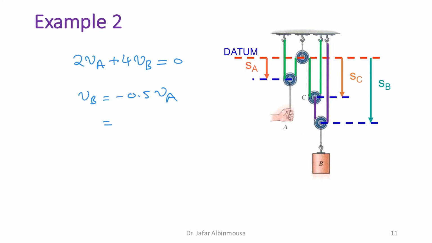So this is equal to minus 0.5 multiplied by 8, which is minus 4 feet per second. What matters here is the sign: this is negative. We know that A was moving downward, and it is positive. But B will move upward, so it has to be negative, which is true.